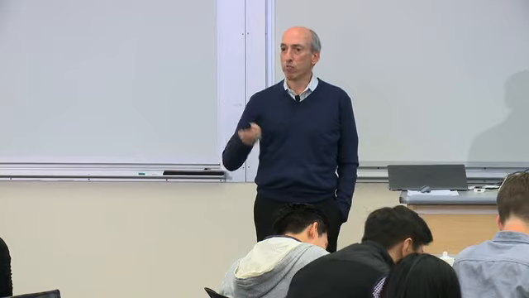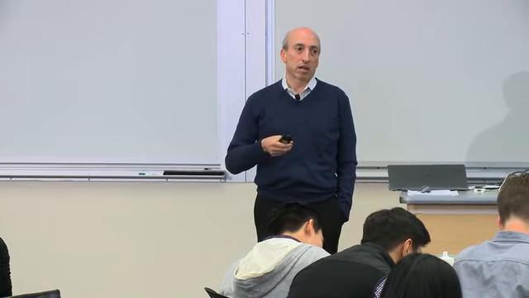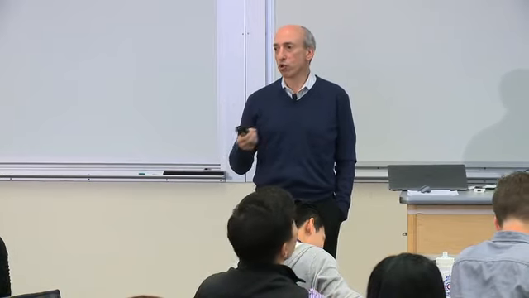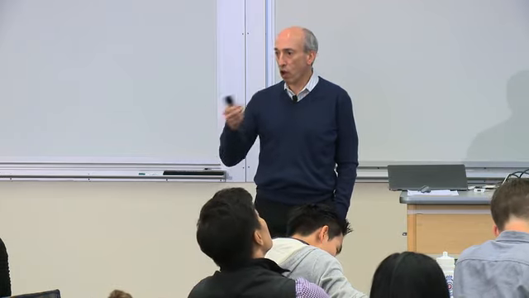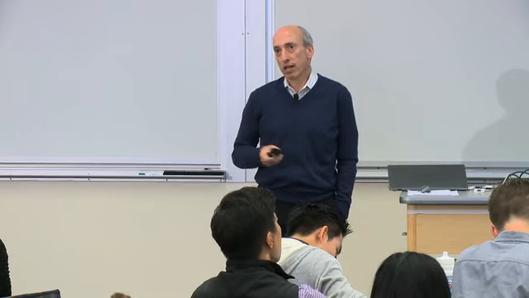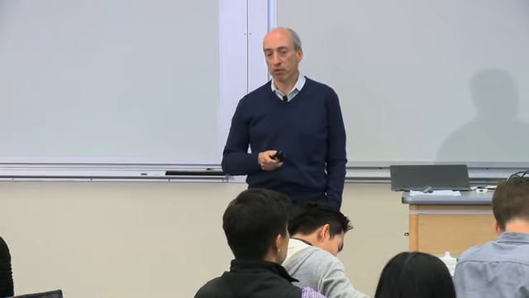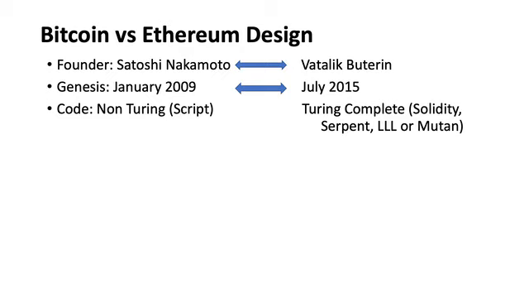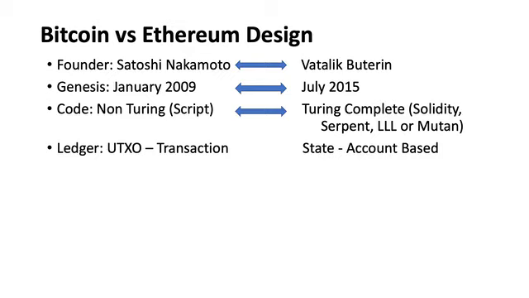He wanted a peer-to-peer virtual computer that could move code and complete code. Over the years, it can be written in a bunch of languages, but Solidity is the main programming language. And thus, it's account-based rather than transaction-based.